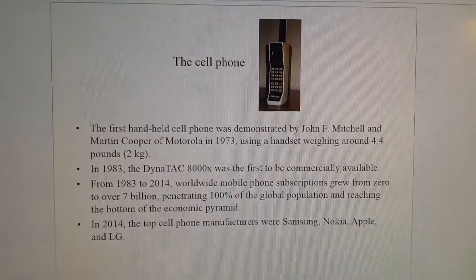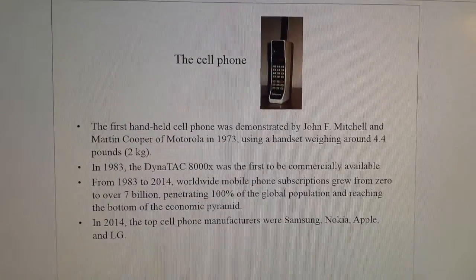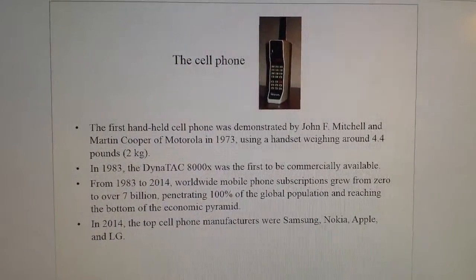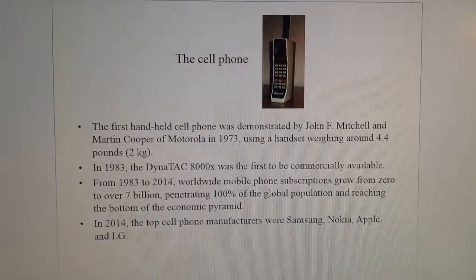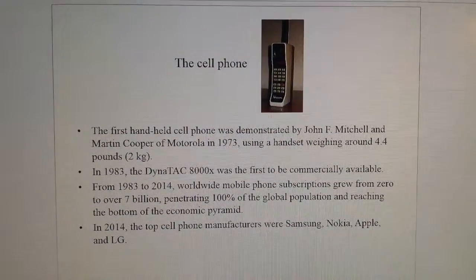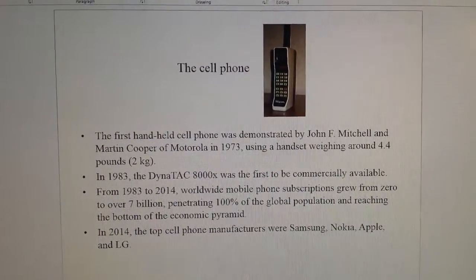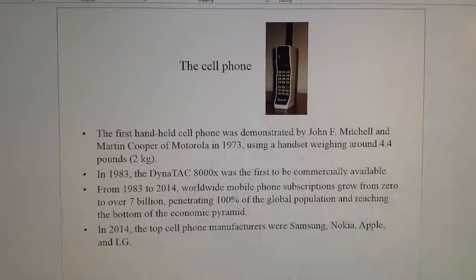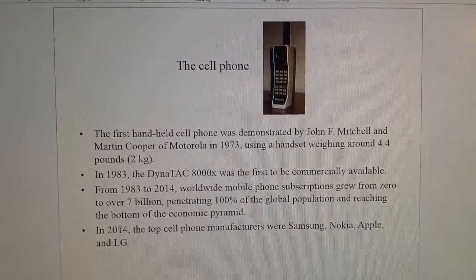In 1983, the DynaTAC 8000X was the first to be commercially available. From 1980 to 2014, worldwide mobile phone subscriptions grew from 0 to over 7 billion, 100% of the global population, reaching the bottom of the economic pyramid.